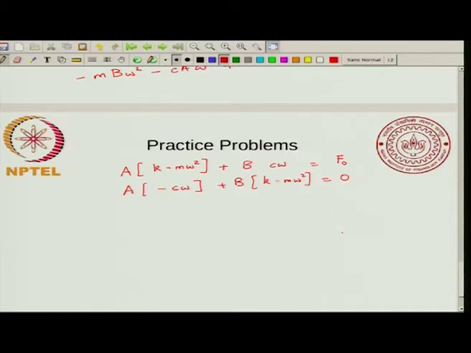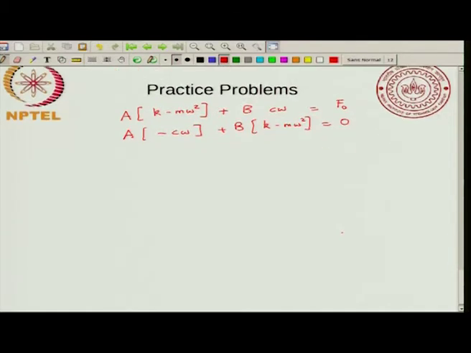You will have a determinant in the denominator. It is not very hard to see, so I will just write the final answer. a will look like f0 times (k minus m omega square) divided by (k minus m omega square) the whole square plus omega square c square.